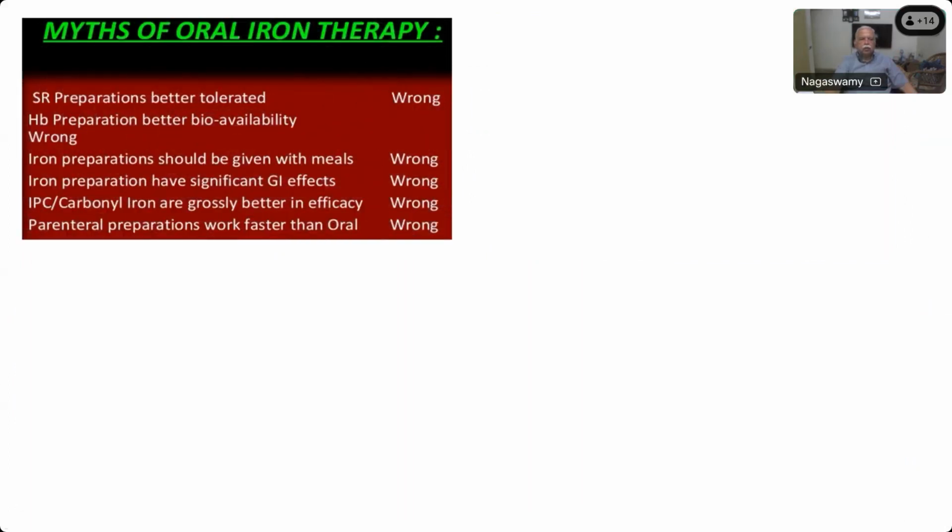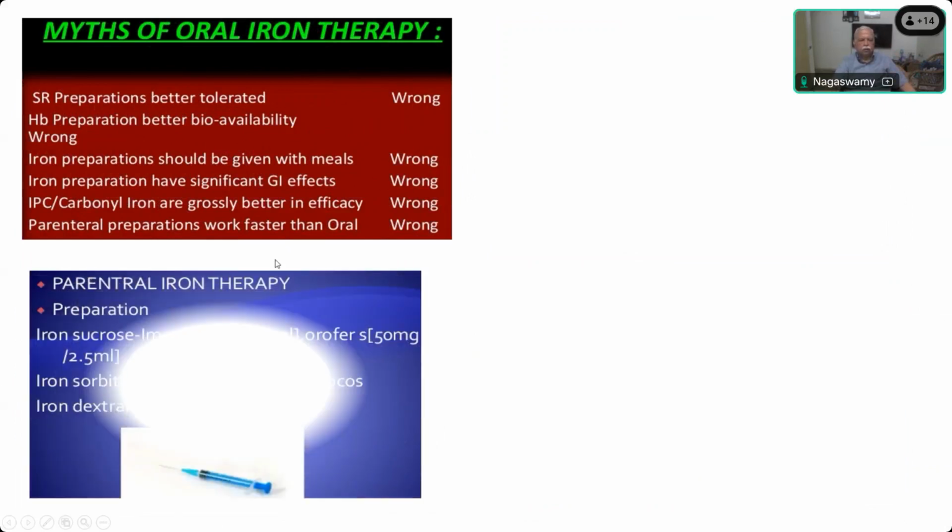And myths about oral therapy: slow release preparations are well tolerated. No, it is not correct. Hemoglobin preparations have better bioavailability. These points are not needed for now.